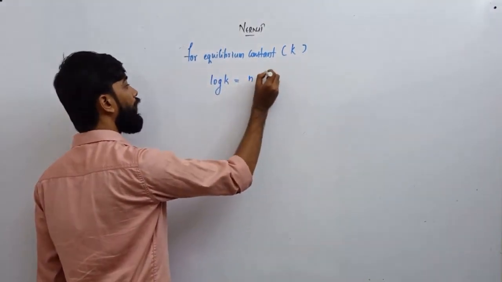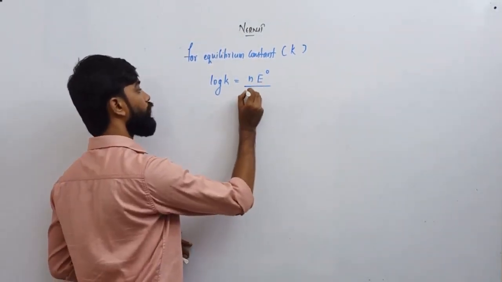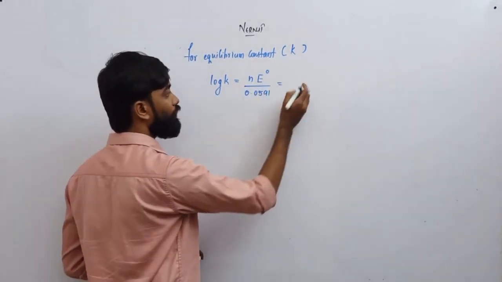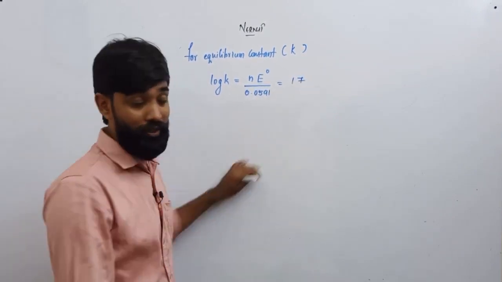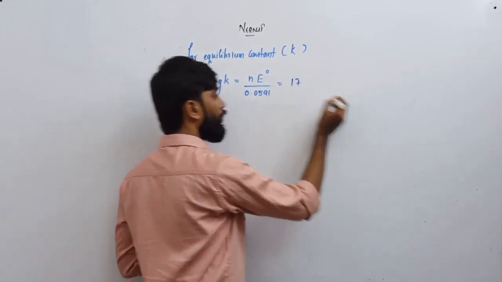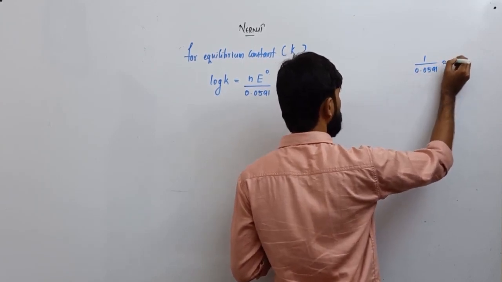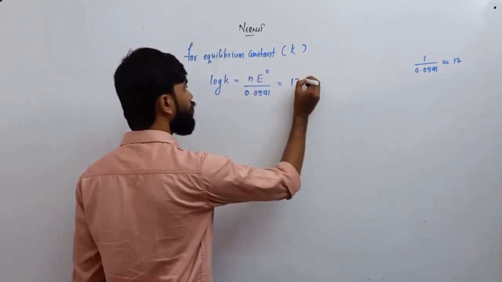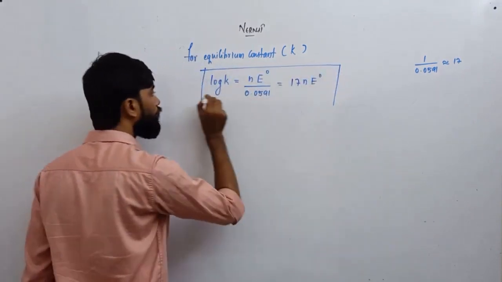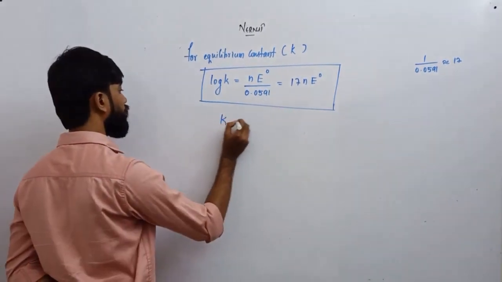Log K equals n into standard EMF divided by 0.0591. Actually, 1 divided by 0.0591 is approximately 17. Actually, it is 16.99, so you can simply approximate it as 17. So this will be equal to 17 n E0. This is the expression for calculating the equilibrium constant from the Nernst equation. And you are asked to find the K value.